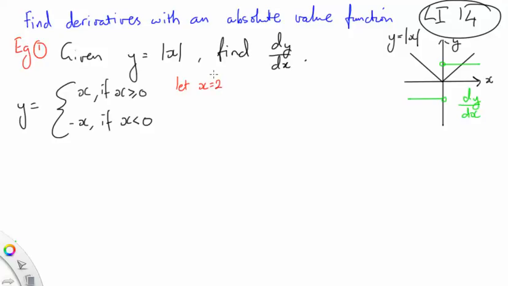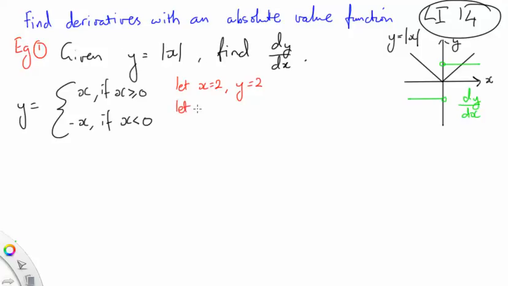Let's let x equal 2. 2 is not less than 0. 2 is greater than 0. If x is greater than 0, we take x. So if x equals 2, y equals 2. That's what the absolute value function would do.